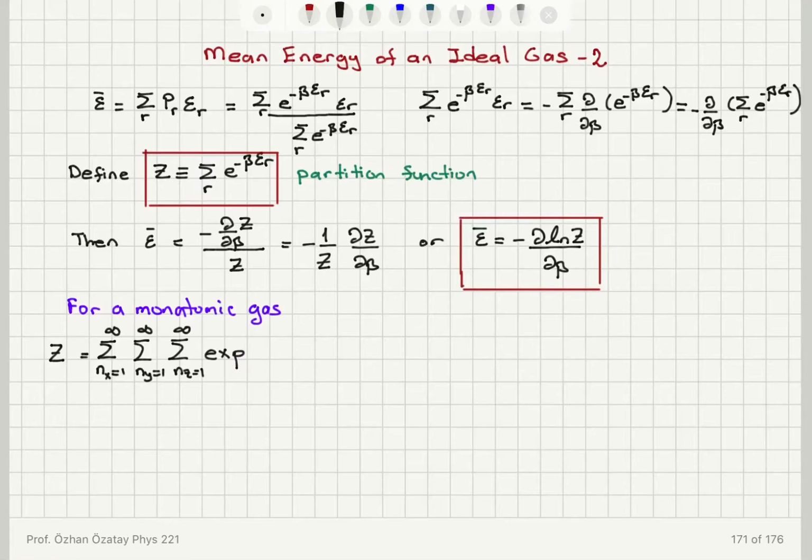exponential minus beta pi squared h bar squared divided by 2m, and nx squared over lx squared, and ny squared over ly squared, and nz squared over lz squared, which are the kinetic energy terms given by the quantum numbers nx, ny, and nz.